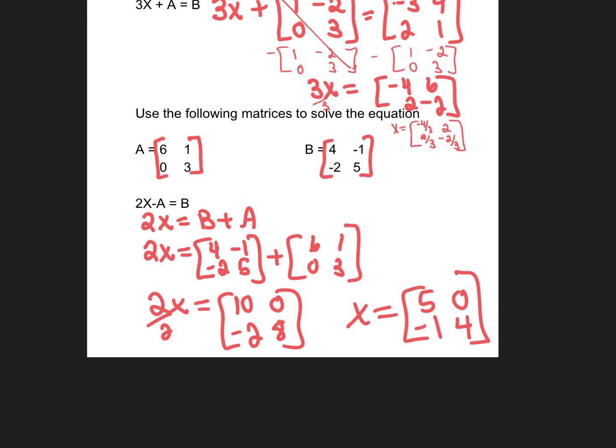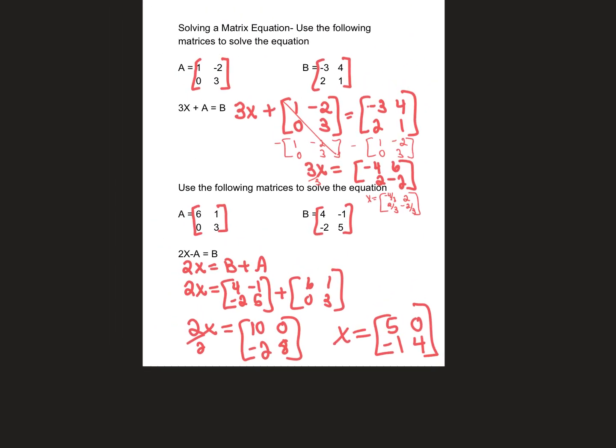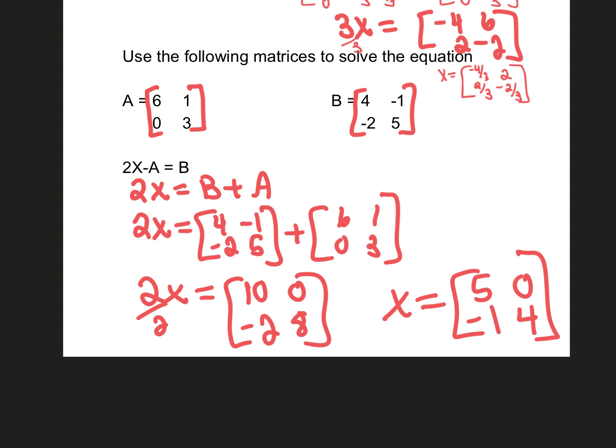So in the first example that I did, I substituted the matrices first and then did my inverse operations to get x by itself. In the second example, I moved the variables A and B first and then I substituted. Either way is just fine and they both will work.